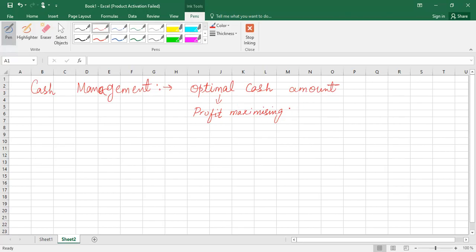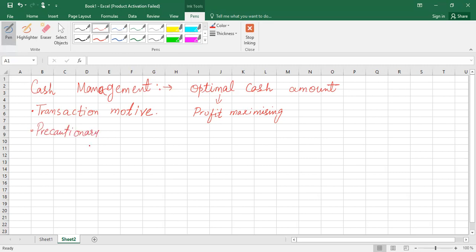A company must keep cash for three reasons. The first one is the transaction motive: to pay salaries, loan liabilities, and utilities. Apart from this, there is the precautionary motive.